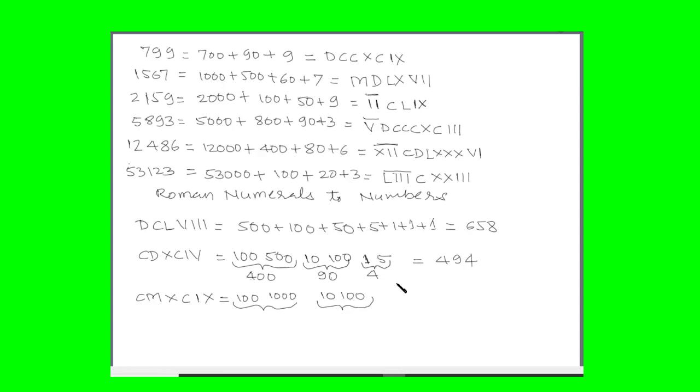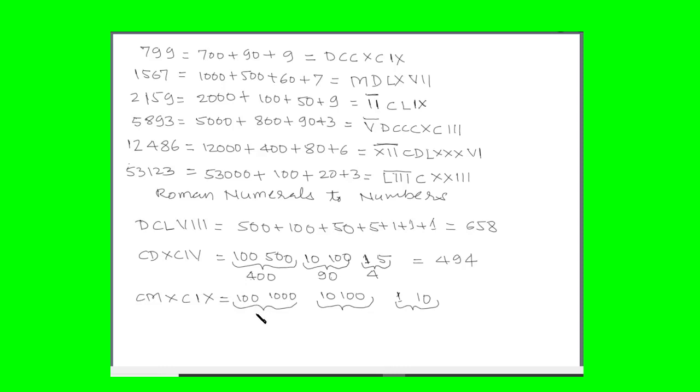Then IX. Again here I is 1 and X is 10. So this is to be subtracted. 1 is to be subtracted from 10. Now 100 is subtracted from 1000.